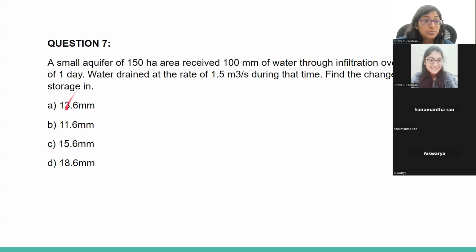Find the change in storage. So we have the area here. We have some inflow data here. We have outflow data over here. And we also have time over here. So they are asking about the change in storage.